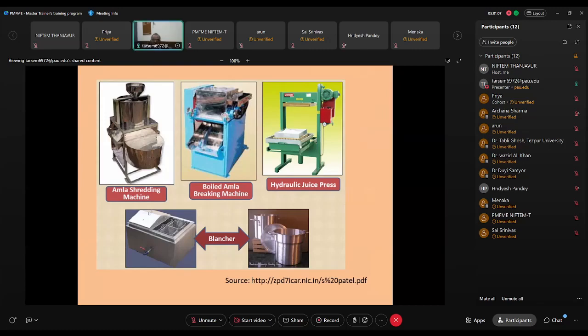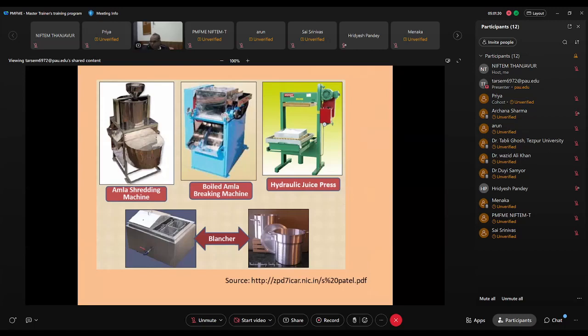So we can have a number of machines for its processing: amla shredding machine, boiled amla breaking machine, hydraulic juice press, blancher, etc. These are small machines which are used for various unit operations involved in processing of amla.